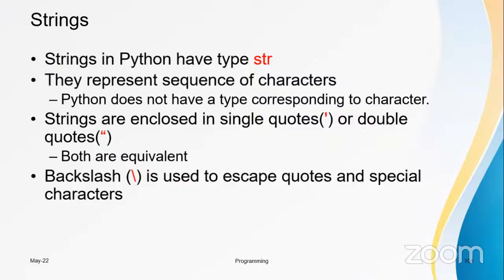Strings are nothing but text you write within single quotes or double quotes. Both are the same. Backslash is used to escape quotes and special characters. That's all. Do you have any questions here? What do you want me to explain more? You tell me and I will explain with an example. This is the slide that you are looking for.